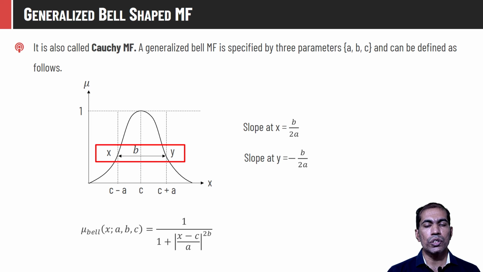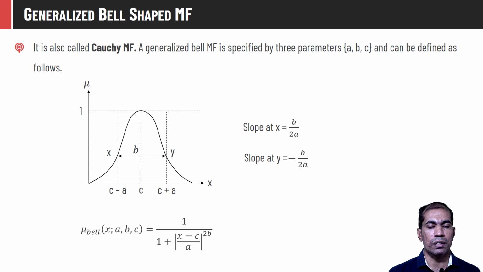Wherever this crossover point happens, x and y at c minus a and c plus a distance, the slope at point x is computed as b upon twice a, and the slope at point y is given by minus b upon twice a, where a, b and c are the parameters which will define the shape and spread of this membership function.